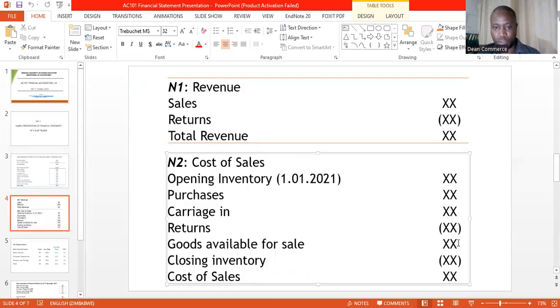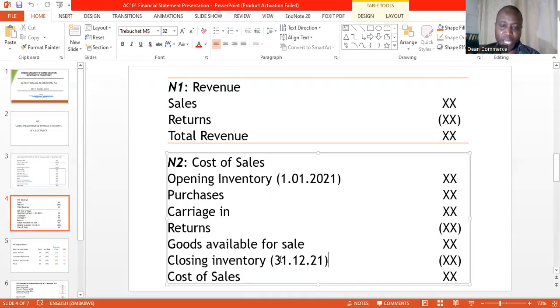I should have underlined on top of these figures here, the goods available for sale. Since these are the goods available for sale, we now want to look at what remained in our warehouse. So we deduct what remained in our warehouse, which is usually the inventory at 31/12/2021.